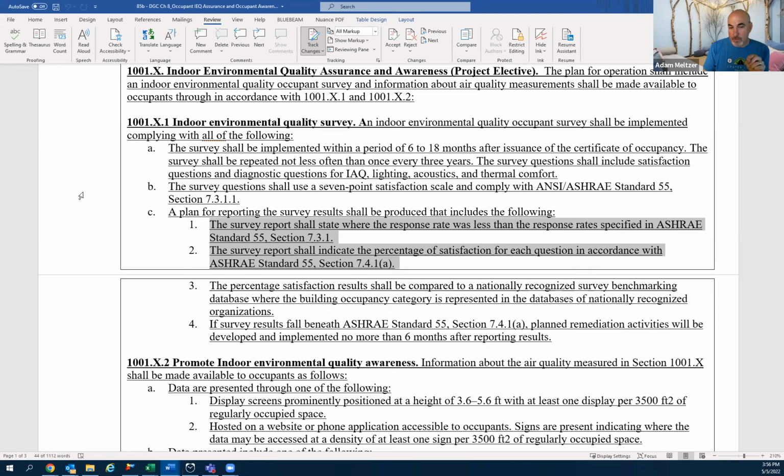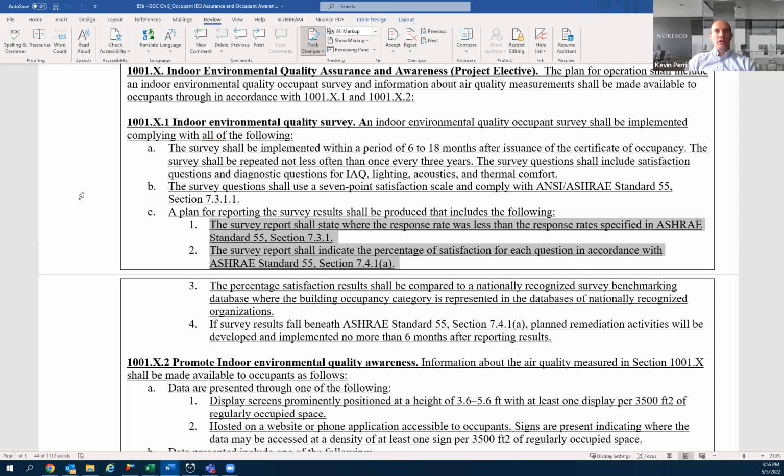So I'd like to address that when the time comes, and maybe some of you all can help with that. Yeah, I think that's reasonable and definitely would be helpful to readers to not have to go reference ASHRAE on that one.